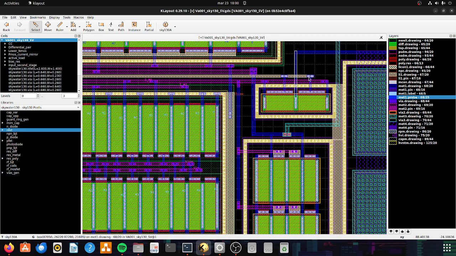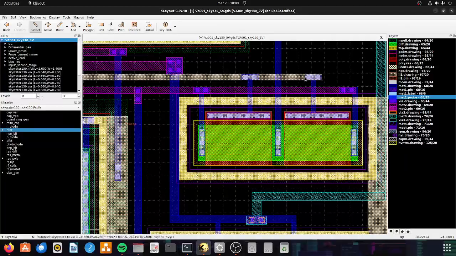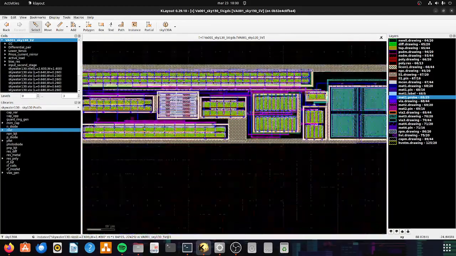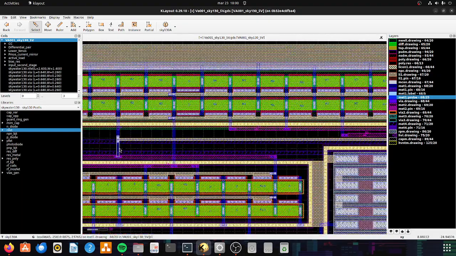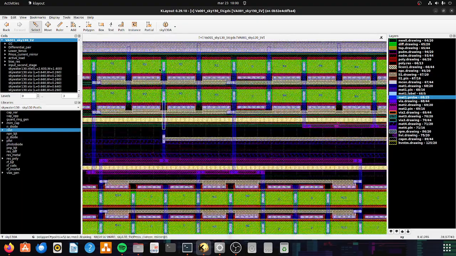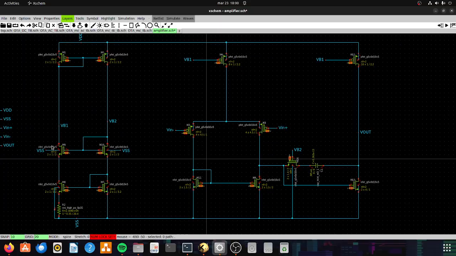Another important point is that the gate of this triode transistor is connected to this pad. This pad is not connected to the gate of the PMOS, but is connected to the gate of the upper NMOS, as shown here.